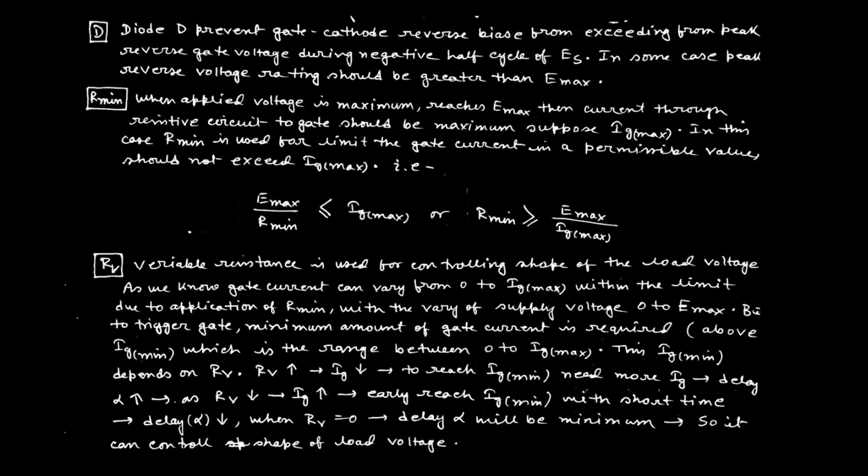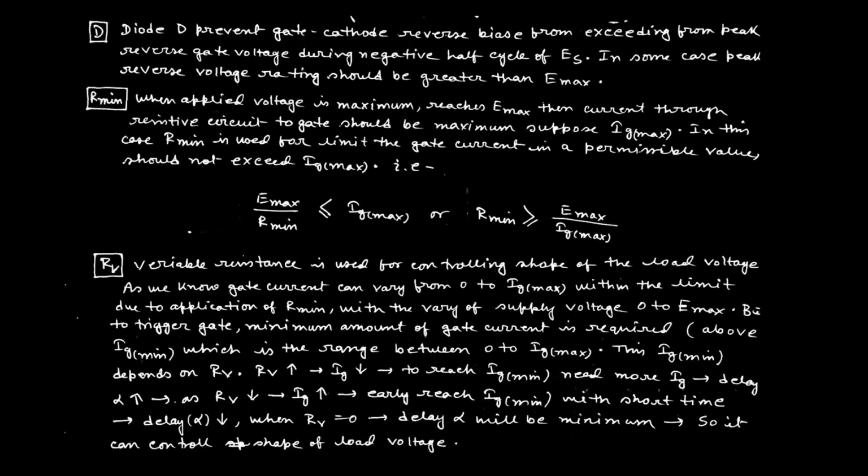Now, Rmin, what is it? When the applied voltage reaches its maximum value, Emax, at 90 degrees, the current through the resistance circuit to the gate should be maximum, suppose up to Ig max. Rmin is used to limit this gate current to a permissible value, and it should not exceed Ig max.